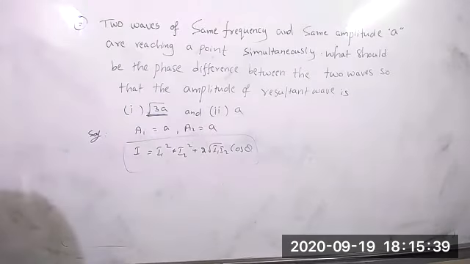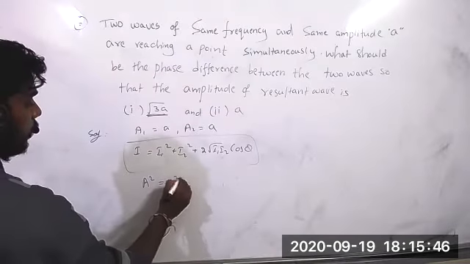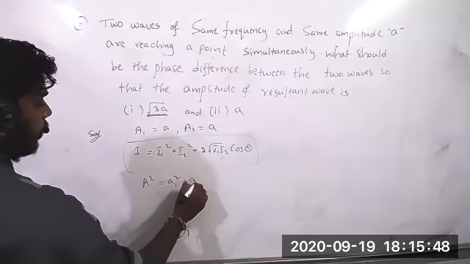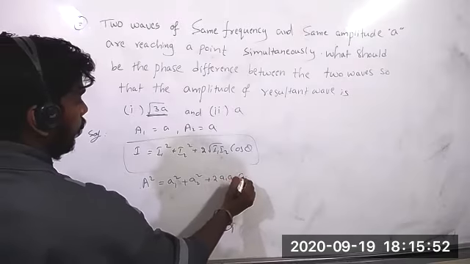So when we are solving with amplitudes, a square equals a1 square plus a2 square plus 2 a1 a2 cos theta.